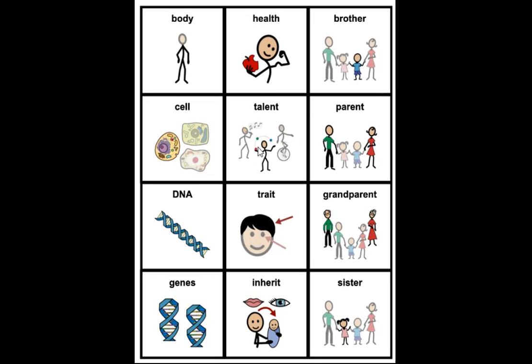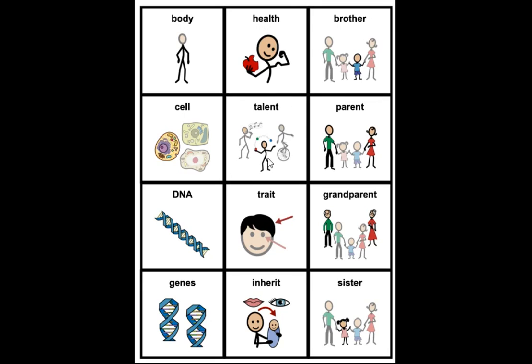One of our other vocabulary words is talent. Talent is something that you are good at. Some talents, like in this little picture, somebody's singing. Do you know anybody that is a really good singer? And do you know anybody that is a really, really bad singer? Then we have maybe somebody that can perform or juggle, riding a unicycle. Some people might have a talent for public speaking.